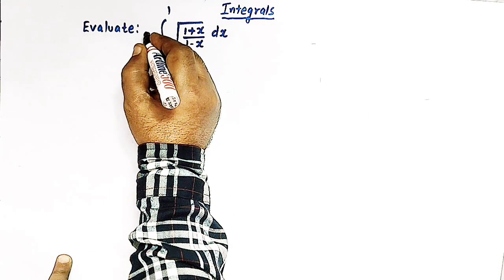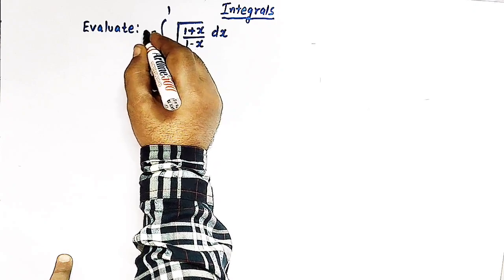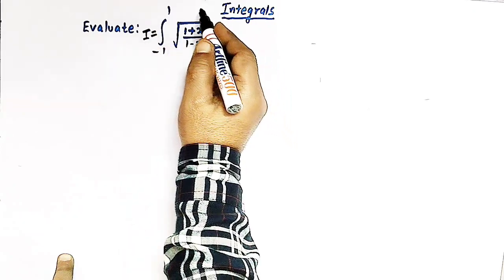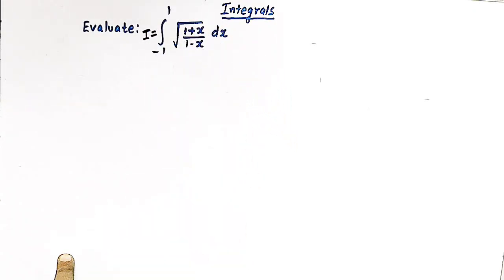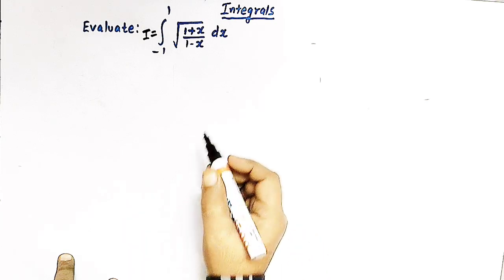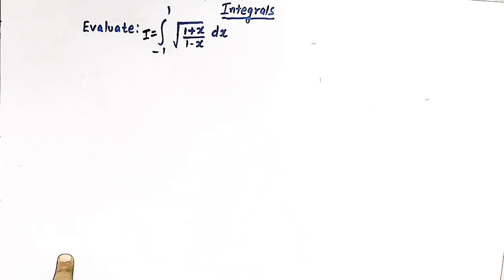So let us call this integral as I, right? Now see, this integral can also be evaluated with the help of trigonometric substitution, but here we'll prefer the method of beta and gamma functions.